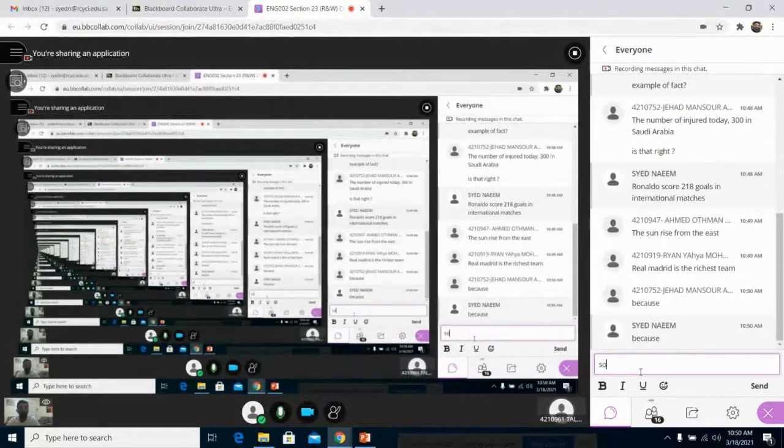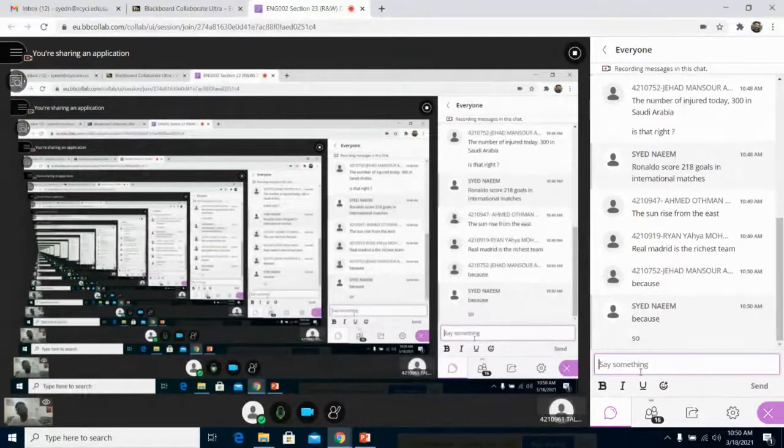Sometimes we use the word so. And you know that when we start the sentence with because, we don't need to put a comma. But in the middle, we need to put a comma.